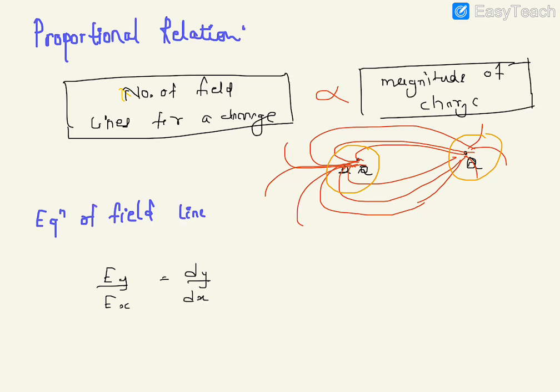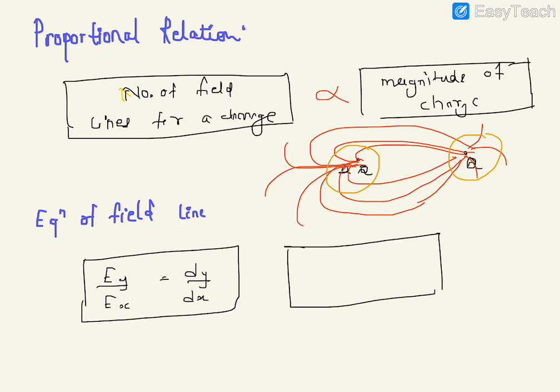If you are able to find the y component of the electric field and the x component of the electric field, you just take the ratio and equate it to dy by dx in the Cartesian plane. And for polar coordinates, Er by E theta equals dr by r d theta.